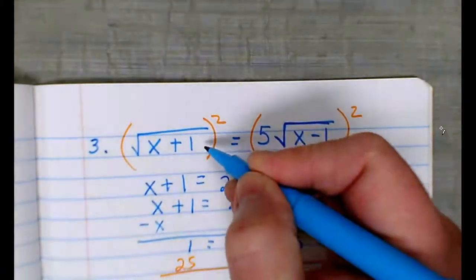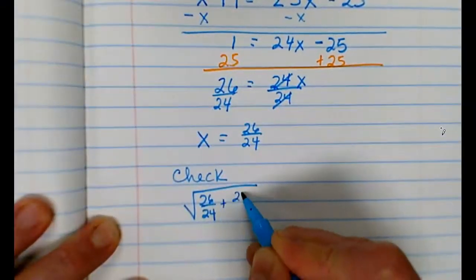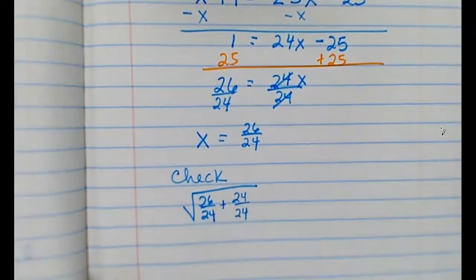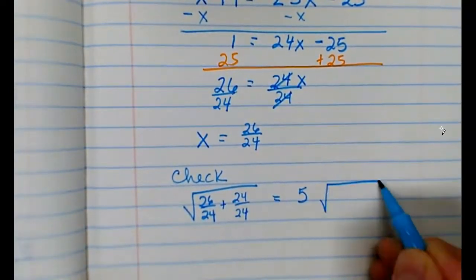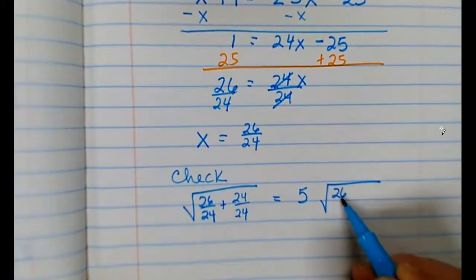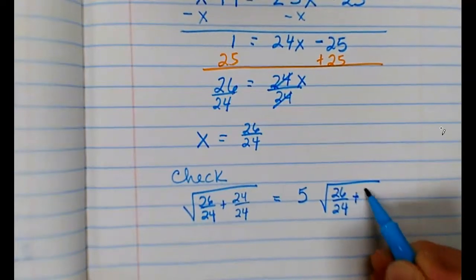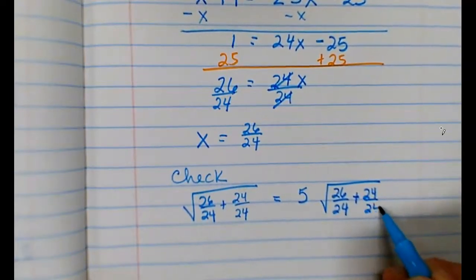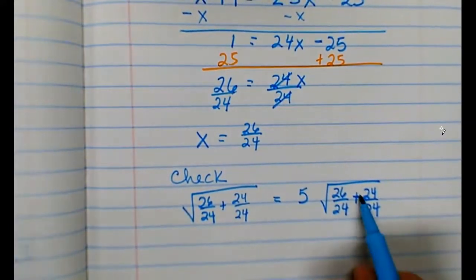Plus 1. In order to add fractions, they have to have a common denominator, so this needs to be 24 over 24. And this is going to be 26 over 24, my possible answer, plus 24 over 24. Oh, yes, thank you.